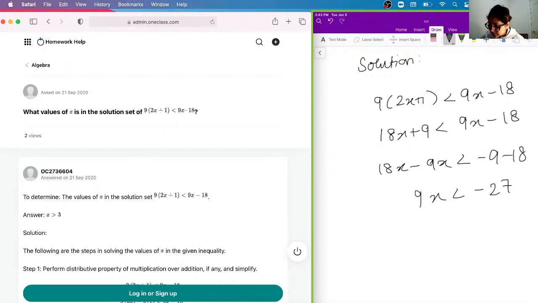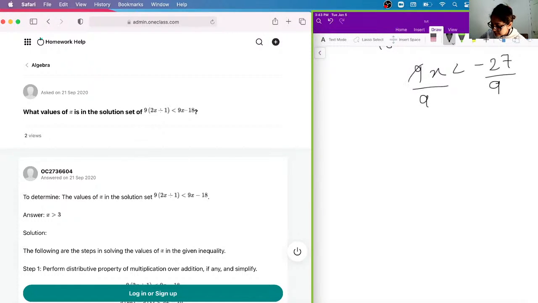So then what you would have here is you would have to divide each side by 9. And so you have x is greater than negative 27 over 9, which is negative 3, but we don't want it to be negative, so in order to make it positive, we have to change the sign, so it's going to be x greater than 3.